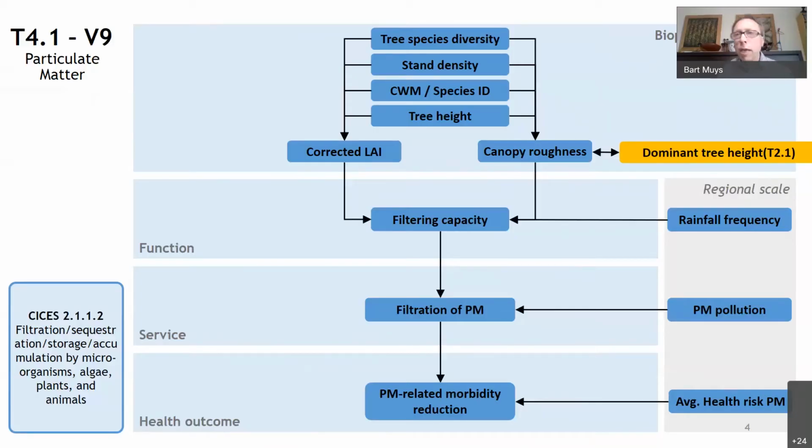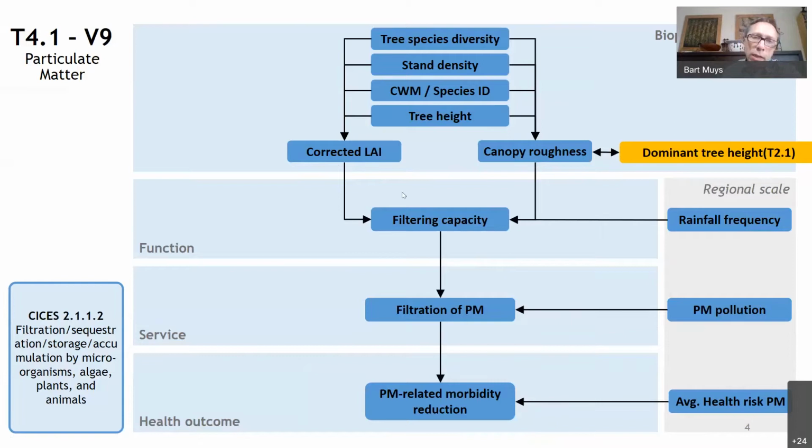Based on the information we have, we tried to build a theoretical model where it becomes clear that tree identity, so which type of species, stand density, tree species diversity, and tree height all affect the leaf area index and the canopy roughness.